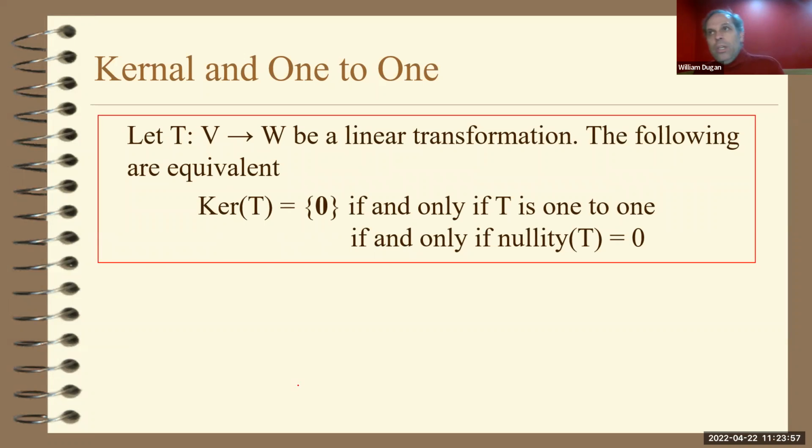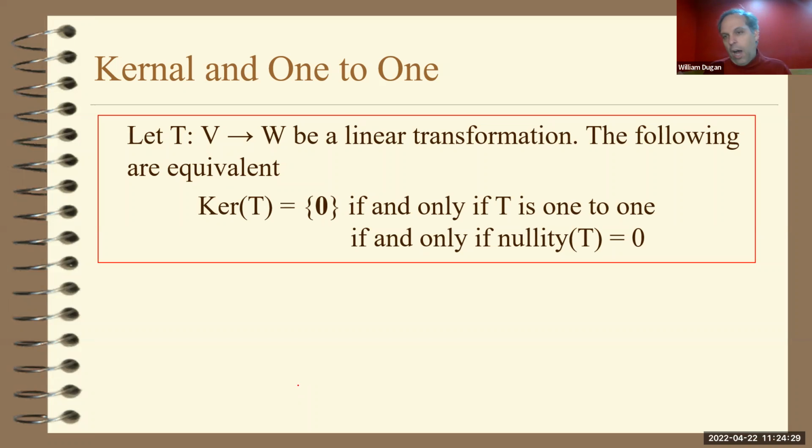Cool. So what you need then is a way to take the results you just saw and collapse them down into a nicer statement. Notice that if the kernel was not just the 0 vector, that instantly implied it was not 1-to-1. The reverse is actually also true. As long as you have a transformation between two vector spaces, the following three things are equivalent to each other: the kernel of T is the 0 vector, T is 1-to-1, and the nullity of T is 0.